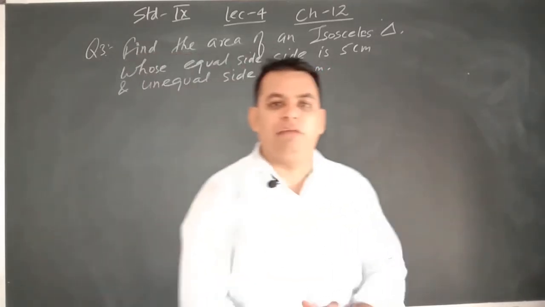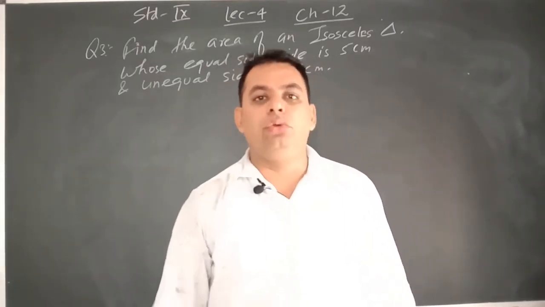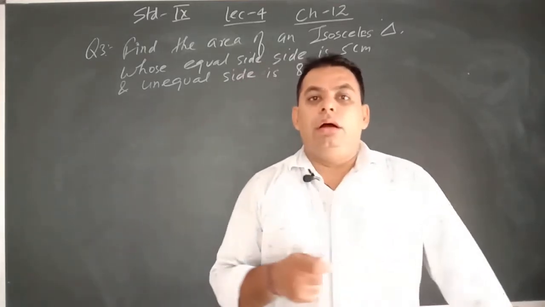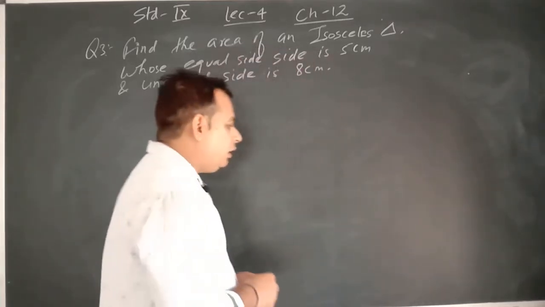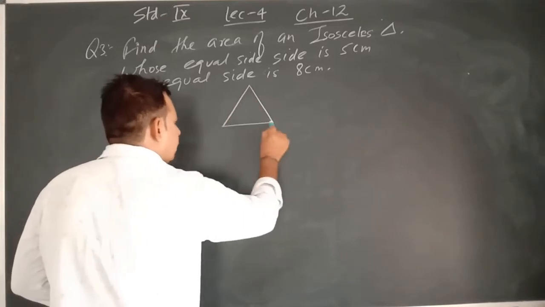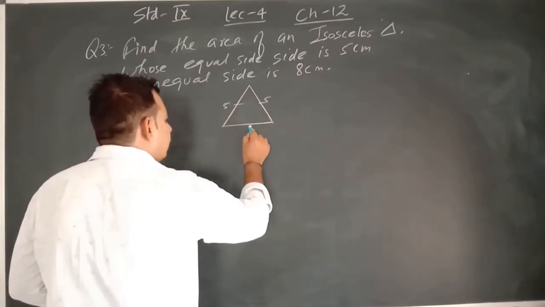Here a question has been given to you. Find the area of an isosceles triangle having two equal sides, each of 5, and the non-equal side, that is the base, 8 centimeter. So the diagram will be like this. This is 5, this is 5 and this is 8.